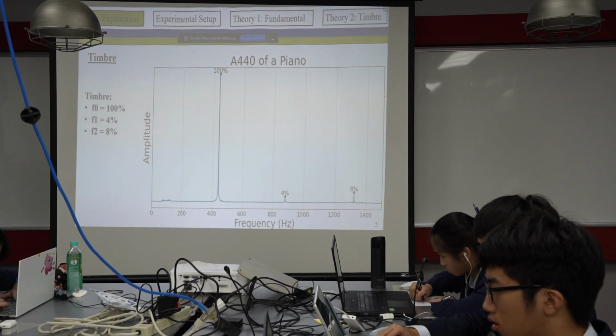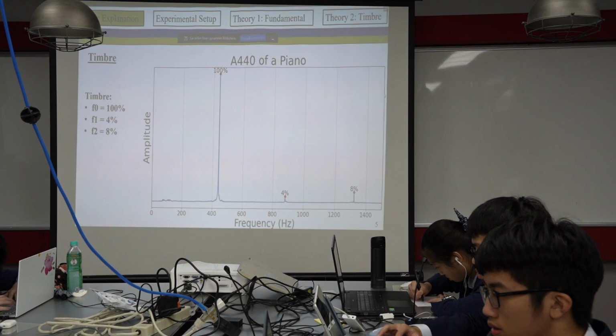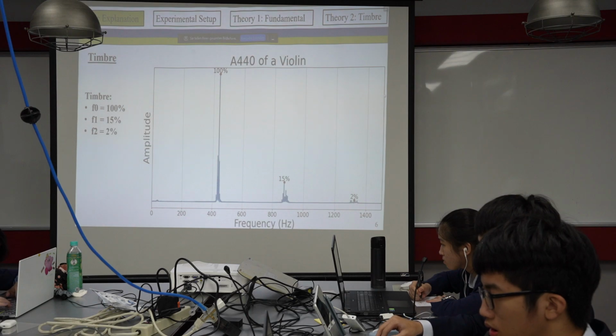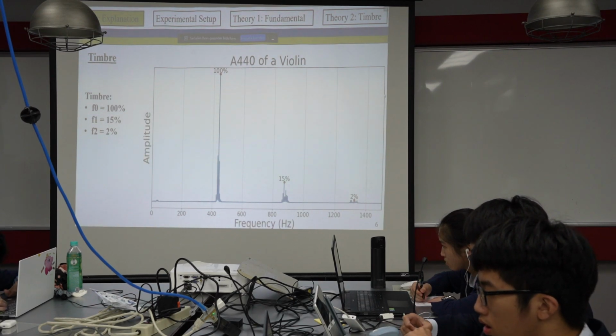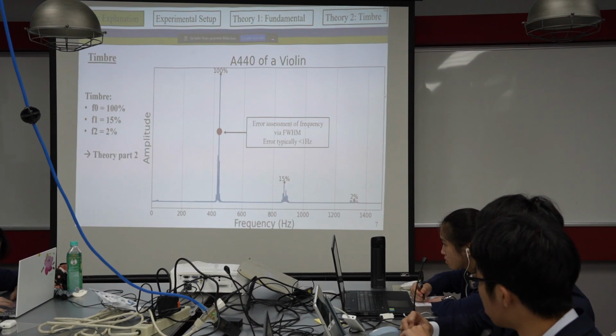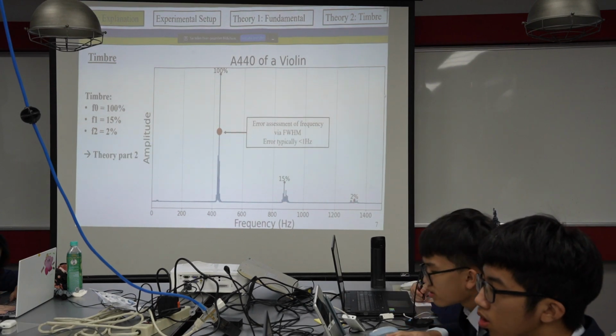We can see that the timbre of a 440 Hz tone played on a piano is quite different, for example, to a 440 Hz tone played on a violin, even though the fundamental frequency is, of course, the same. This also explains why the same note played on two different instruments sounds fundamentally different. We'll investigate this second characteristic of sound, the timbre, in the second part of my theory.